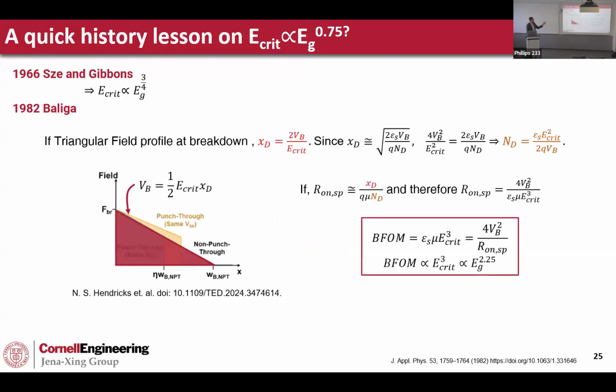If you combine these two with the expression for on resistance when you have dominated by drift current, you then get R on specific is equal to 4 V_B squared over the dielectric constant, mobility, E crit cubed. So if we were to be consistent, the BFOM is actually to E crit cubed, but under this original derivation, it's to the EG to the 9/4. But of course, this is still 40 years ago.